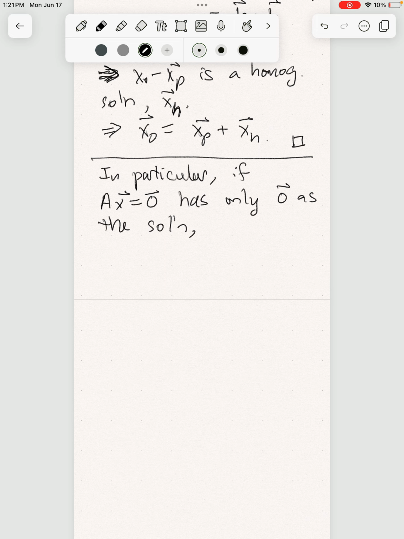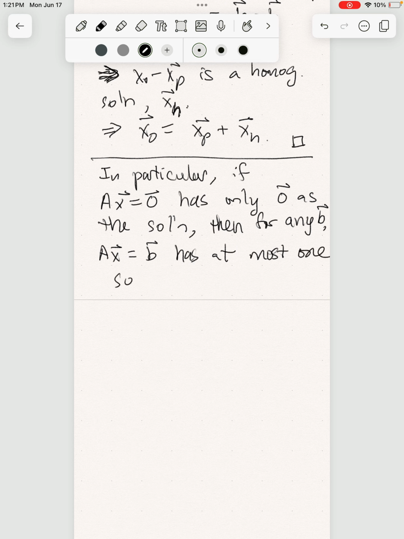So if Ax equals 0 has only the 0 vector as the solution, then no matter what b is, for any b, Ax equals b has at most one solution.